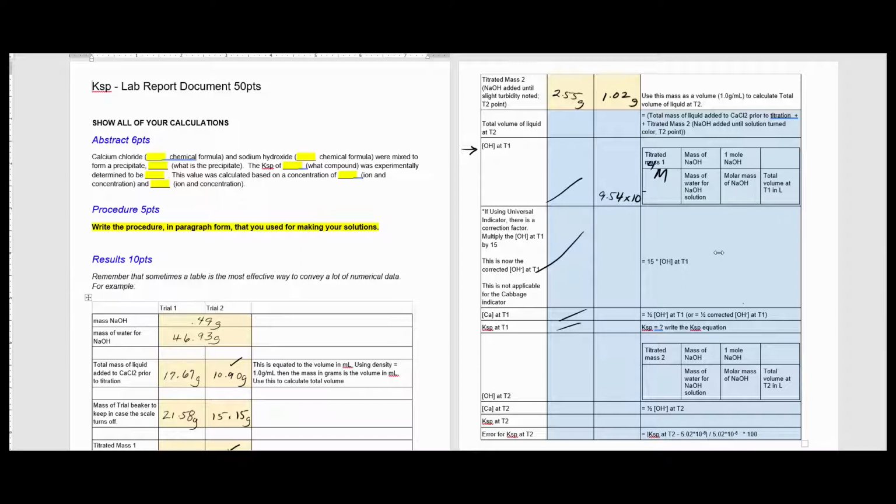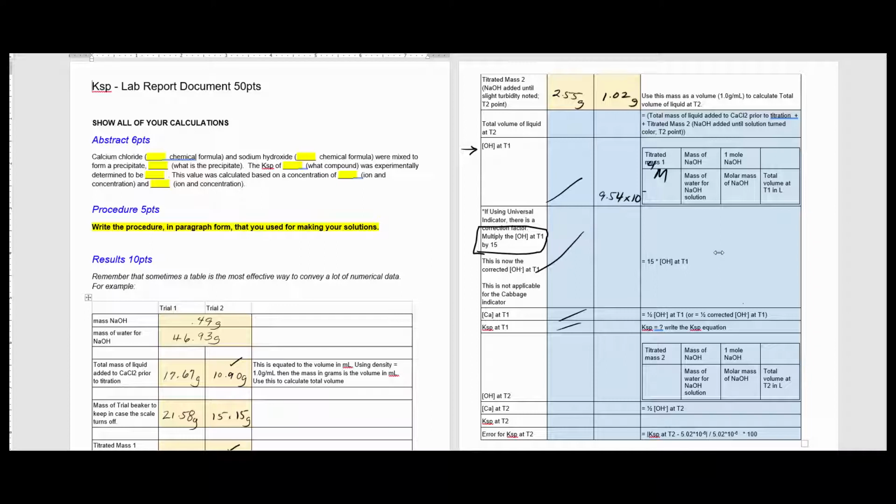Now, the universal indicator stops changing color at about a pH of 10. That's fantastic, but we need a pH of about 12. Actually, when I tested the universal indicator, it was closer to 10.5. So we have this multiplicative factor. We need to multiply the concentration by 15 in order to get to the pH we actually need.